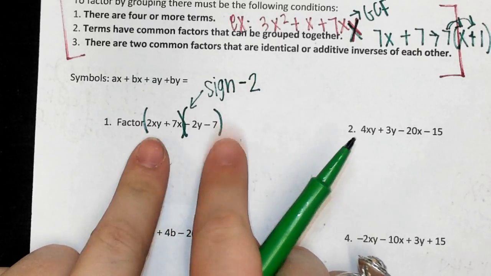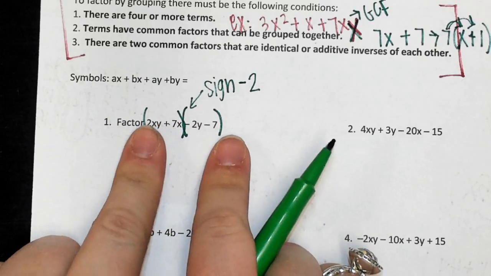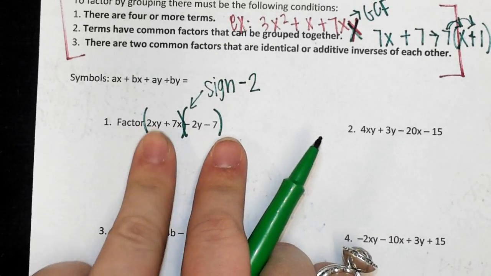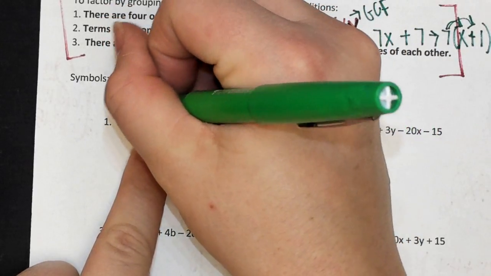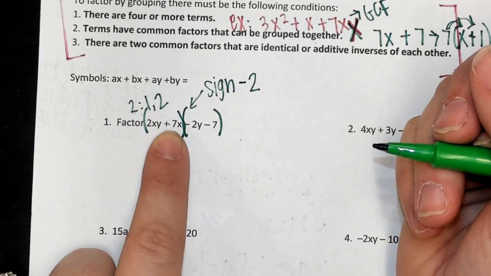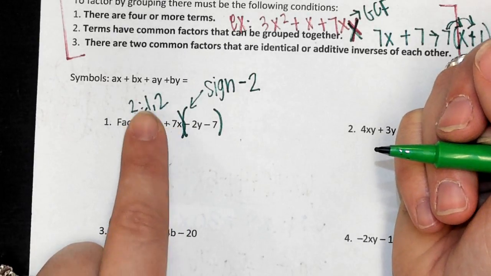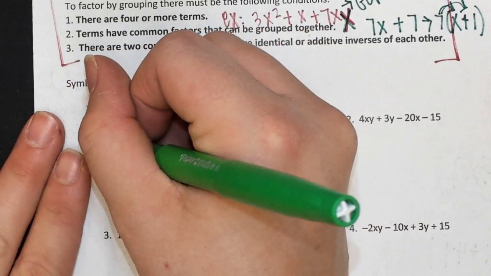So let's find the greatest common factor of both of them. Ready, set, go. Smallest number? 2. Factors of 2? 1 and 2. Does 2 go into 7? No. Does 1 go into 7? Yes. Okay, so I'm going to factor out a 1.